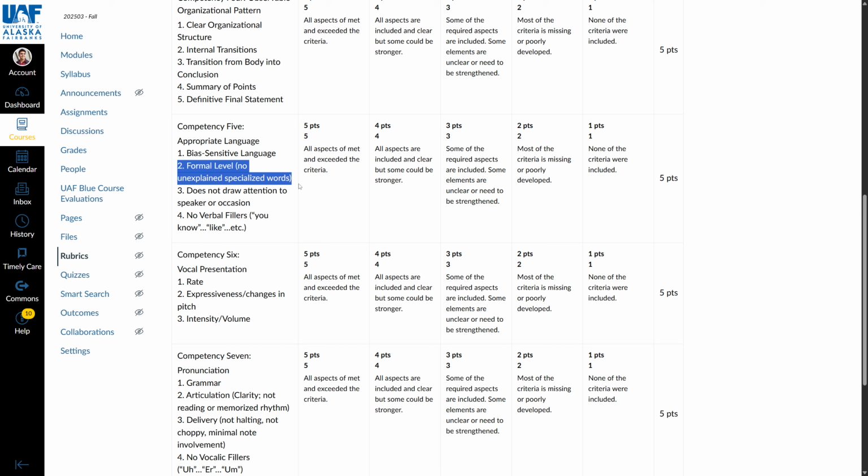So if you're talking about aviation, for example, and not everyone in this class knows what a transponder is, don't use the word transponder 10 times without explaining what a transponder is. You might want to stop and explain what that term means before using it a bunch of times. So with the words that you use, make sure the words are understandable by the audience. Not necessarily being casual, but making sure that your audience isn't lost in trying to figure out what the words mean.